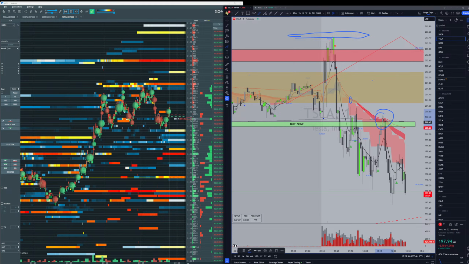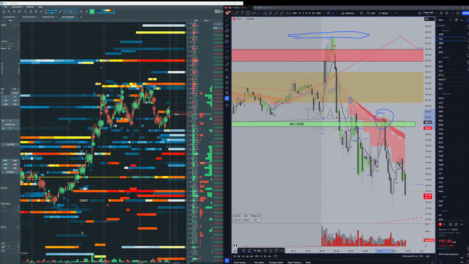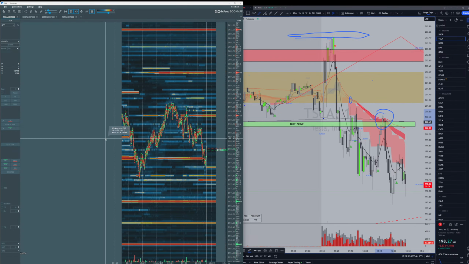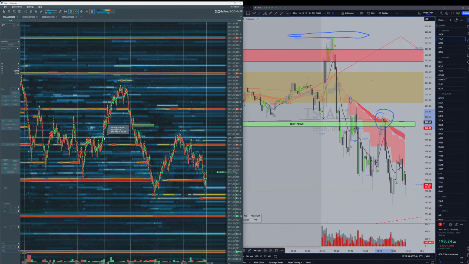Demand zone rejection. Okay, this is one of the A plus setups in shorting large caps. For everybody, this is one of the best setups that I like to trade when I'm looking at large caps.